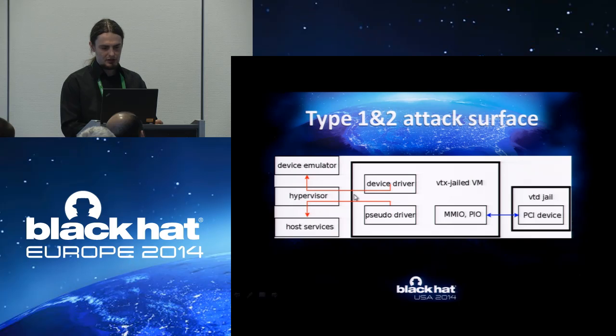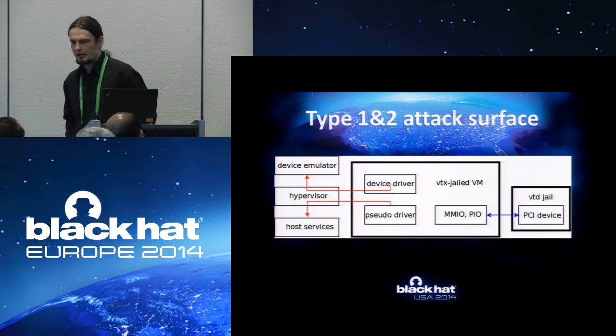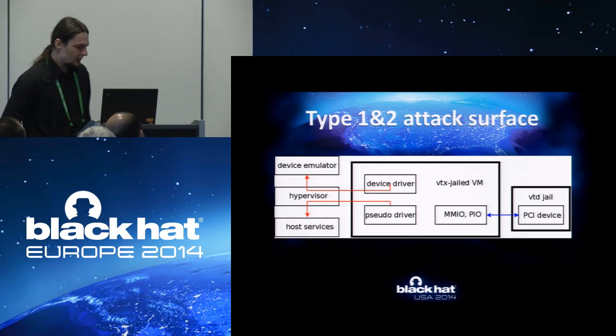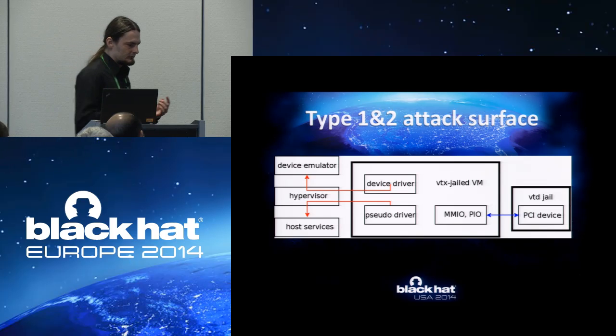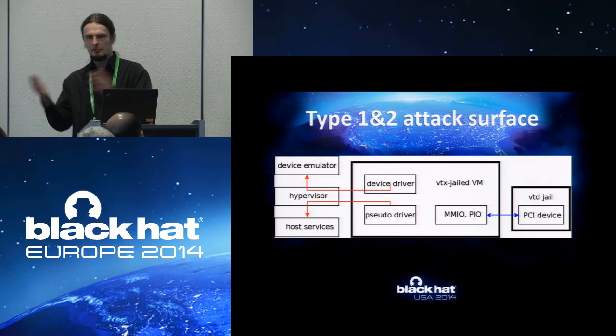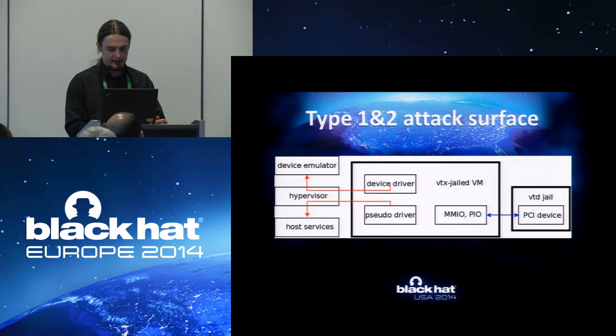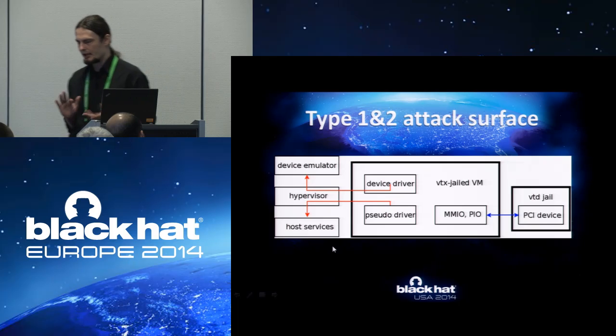There is a communication channel with some pseudo driver in the VM, and this code listens for requests. The typical example is, for instance, shared folders functionality, right? It's very useful to have some fragment of the file system on the host be available directly to the VM, right? Very useful functionality. But again, it immediately creates an attack surface. And again, this part also tends to be large. It also tends to be not so carefully written, right?